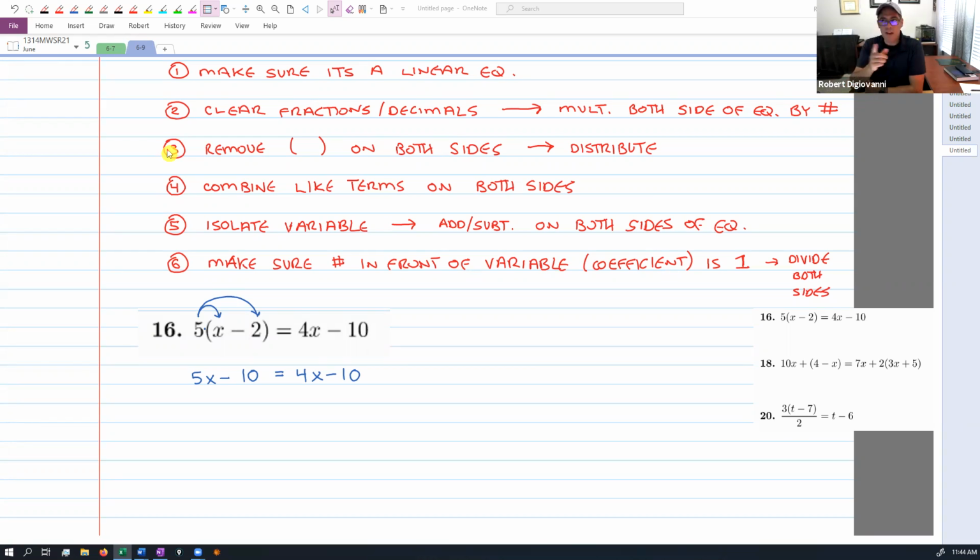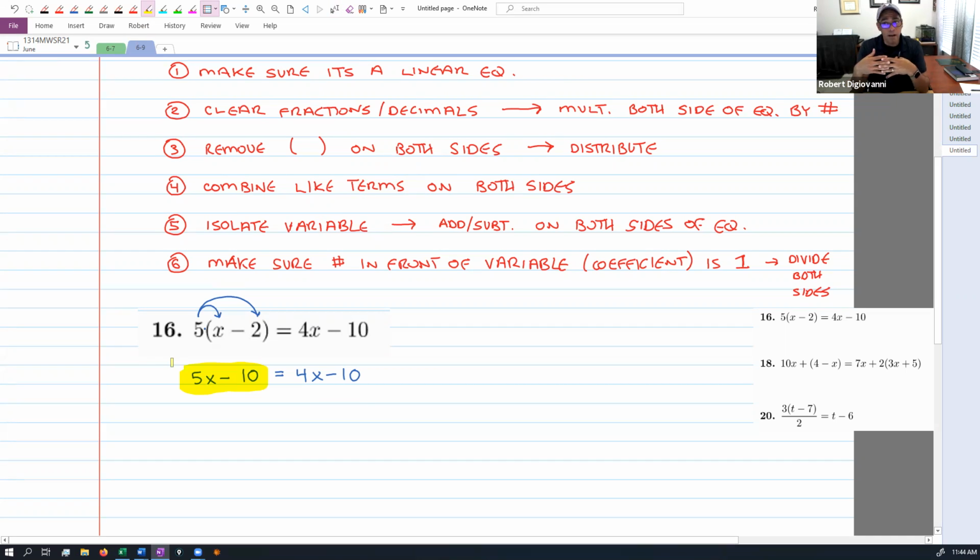Okay, so when you say over, you mean like to the other side of the equation? Yes. What you're doing is step 5, which is to isolate the variable, which means you're moving things around, which is going to come, but look at step 4, combining like terms. Look at the left-hand side and tell me, can you combine 5x and minus 10 together?